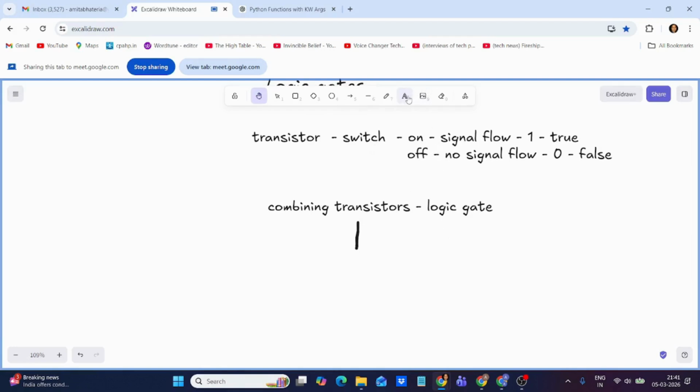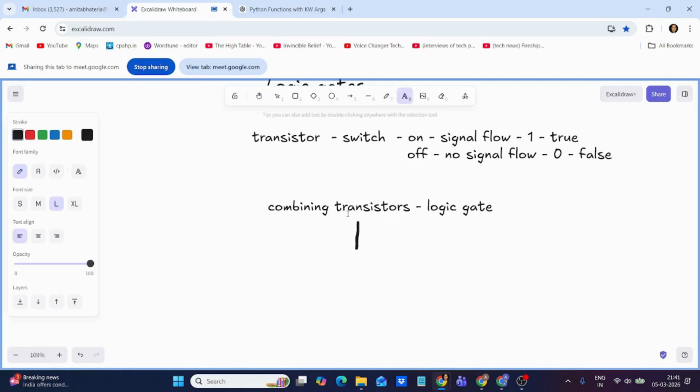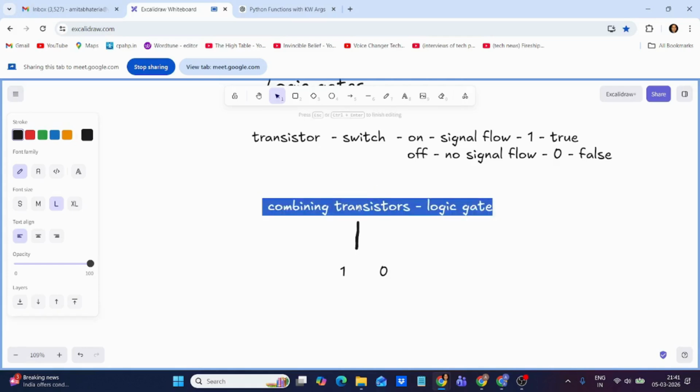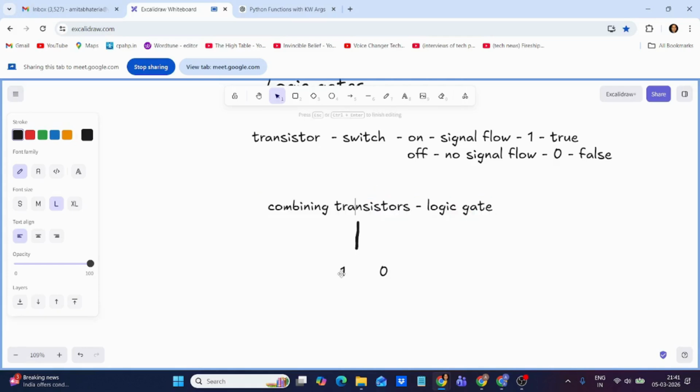This is what we can do when we combine transistors, so they will have different values of 1, 0, and so on, right? We know that a transistor can have either the value 1 when there is signal flow or the value 0 when there is no signal flow. So by combining different transistors and their values as 1 and 0, each transistor will have either value 1 or 0.